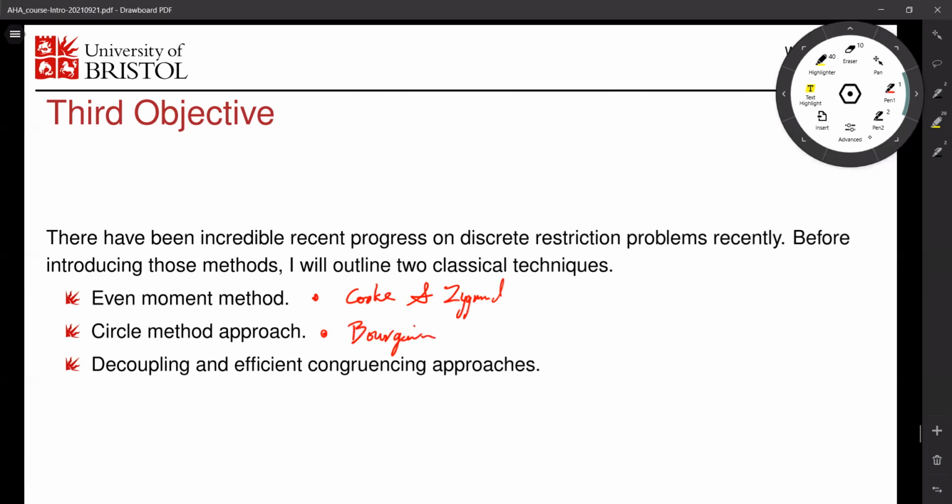Then the decoupling and efficient congruencing approaches were introduced by Bourgain, Demeter, Guth, and the efficient congruencing by Wooley, respectively.